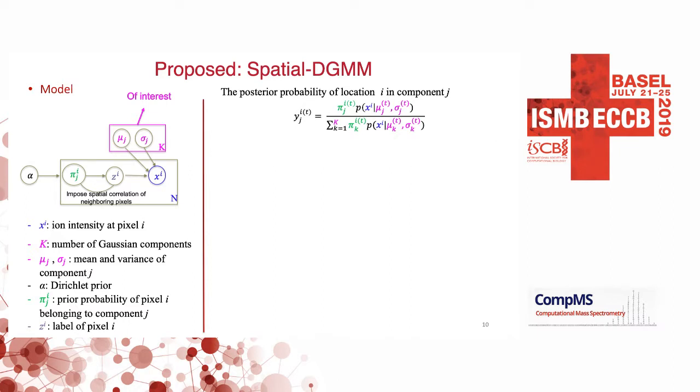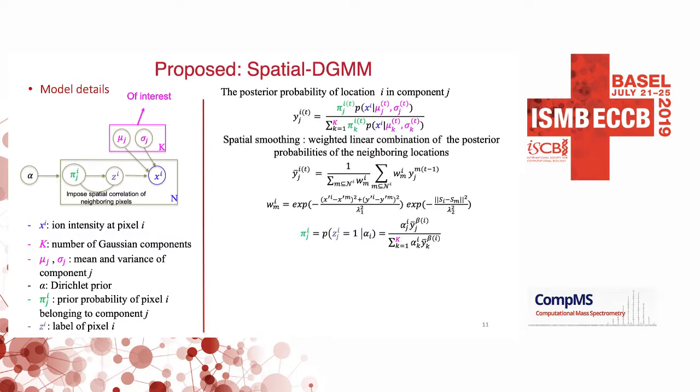The posterior probability of location i in component j is defined in this formula. To impose spatial smoothing, we define a weighted linear combination of the posterior probabilities of the neighboring locations, and we add this linear combination to the Dirichlet distribution, and then we derive pi like in this formula.